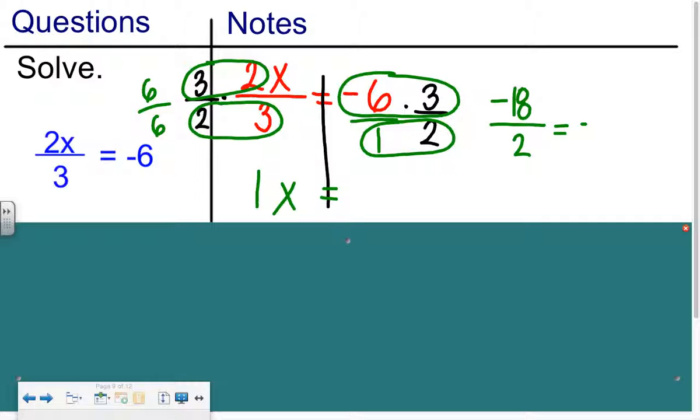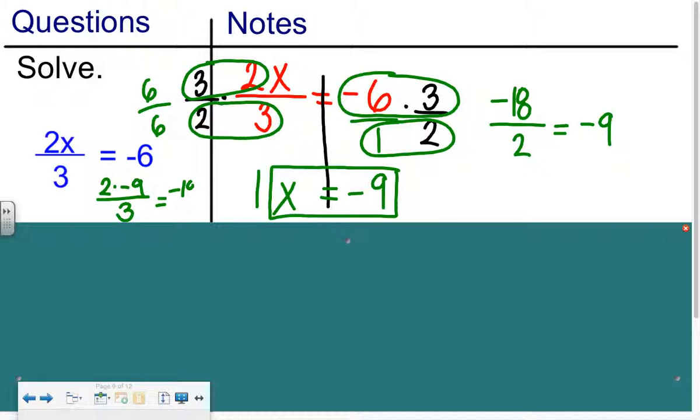Negative 18 over 2 is negative 9. So 1x equals negative 9, or just x equals negative 9. If I went back and checked that, 2 times negative 9 over 3, that'd be negative 18 over 3, which is negative 6, which is what I wanted.